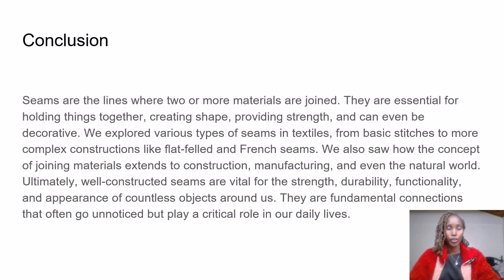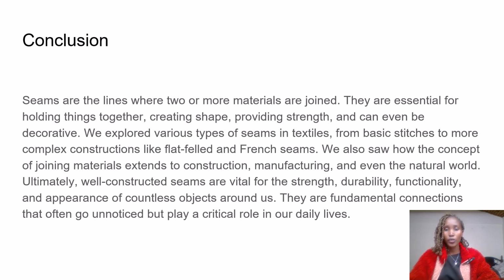In conclusion, seams are the lines where two or more materials are joined. They are essential for holding things together, creating shape, providing strength, and can be decorative. We explored various types of seams in textile, from basic stitches to more complex constructions like the flat fell and the French seam.